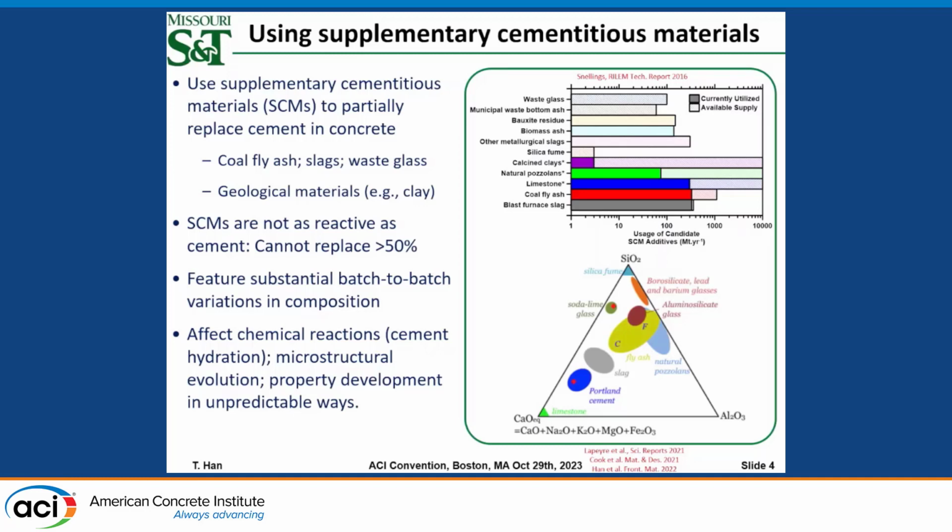But to use industrial waste, there is one issue. The chemical composition of industrial waste is different from batch to batch. We also know the chemical composition of the SCM can significantly affect the properties of your concrete.